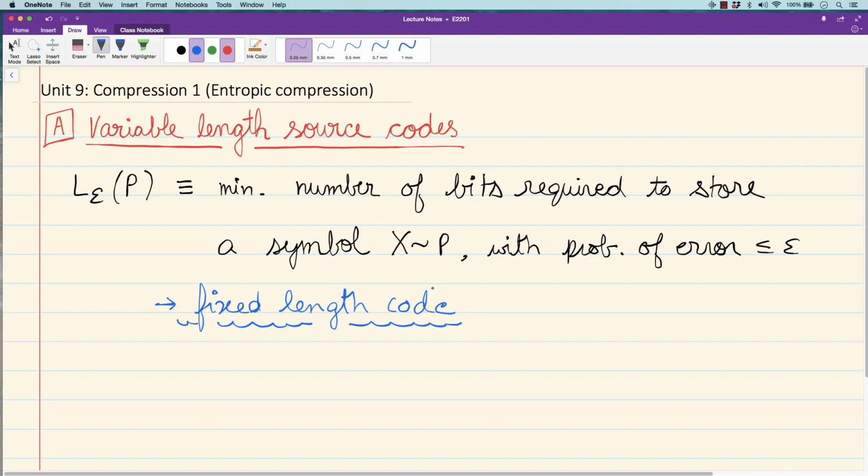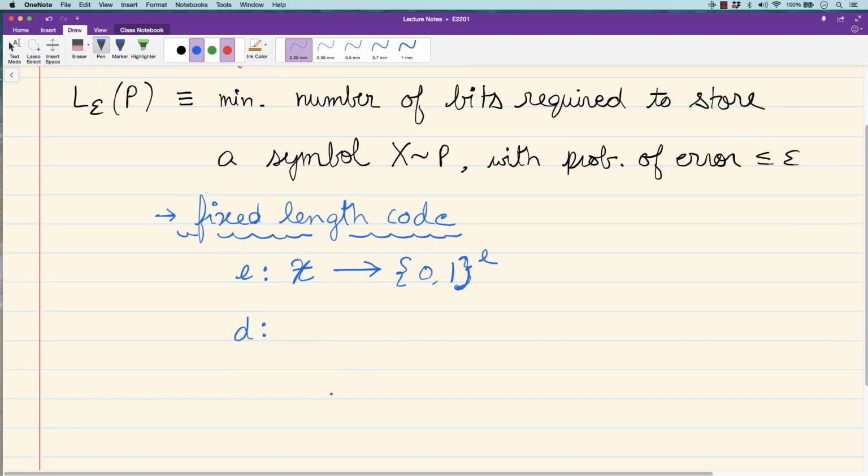We haven't really carefully defined a source code, but a code is of fixed length if each code word is of the same length L. So we can think of two mappings: an encoder mapping E, which looks at this symbol and outputs a sequence of L bits, which is of the same length for every x, and then a decoder mapping D, which looks at these sequences of length L and outputs a symbol back.